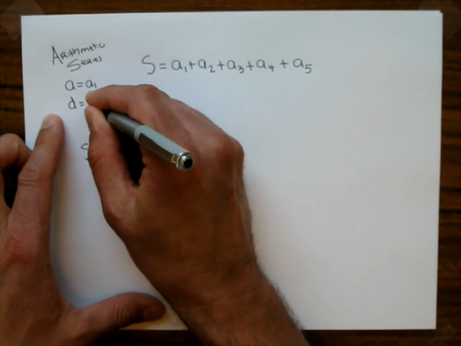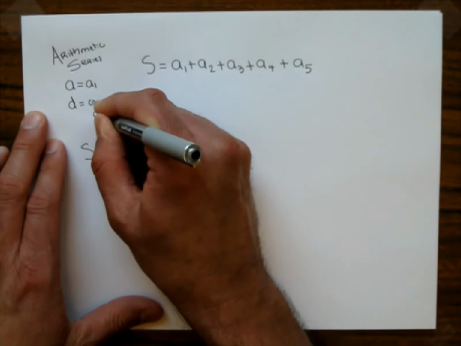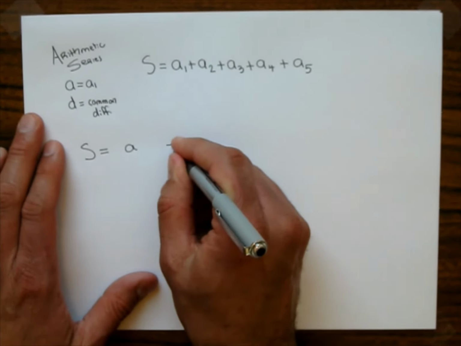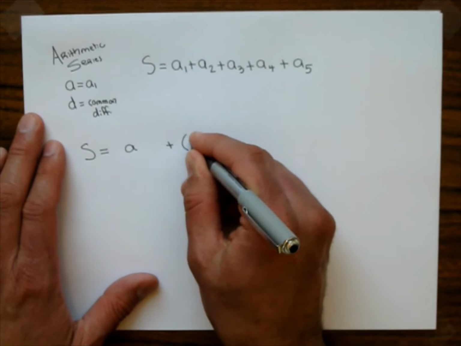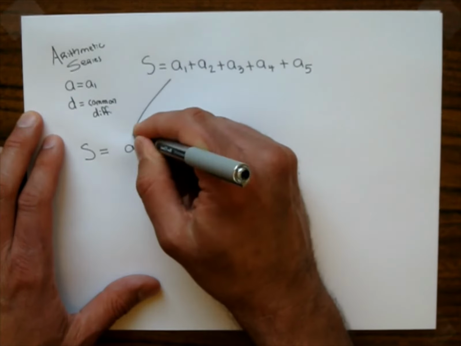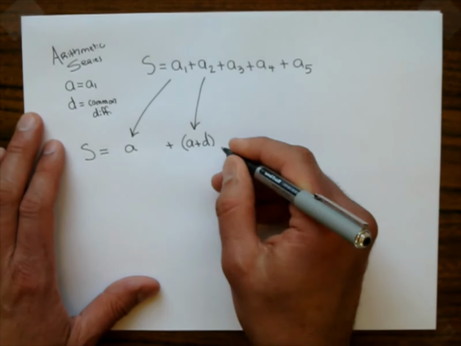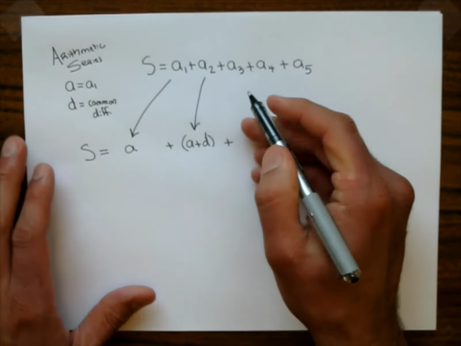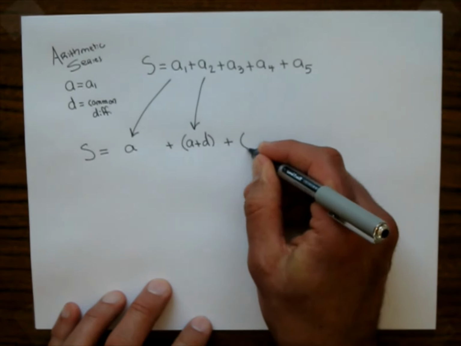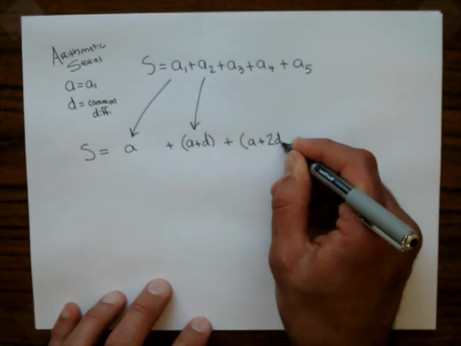So let's go ahead and rewrite this. A1 is A, so I'm going to write A there. A2 is really going to be A1 plus D, because that's what makes it arithmetic. You're adding the same number D each time. D is the common difference. We used that word in the last section. So A2 is A plus D. Okay, A3 is going to be this last one plus another D, so A plus 2D.